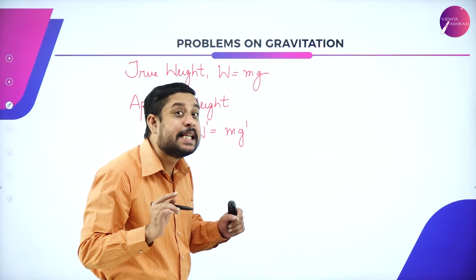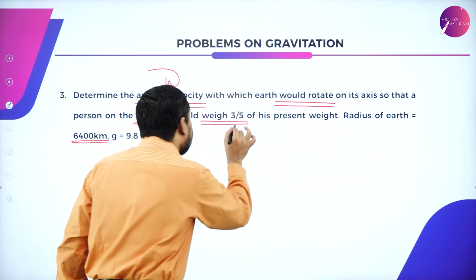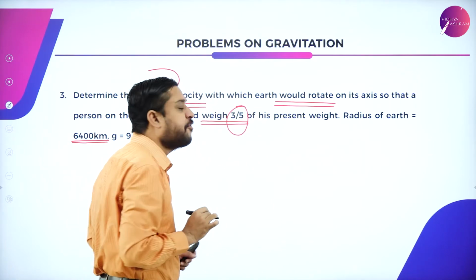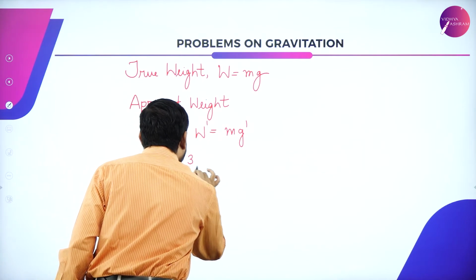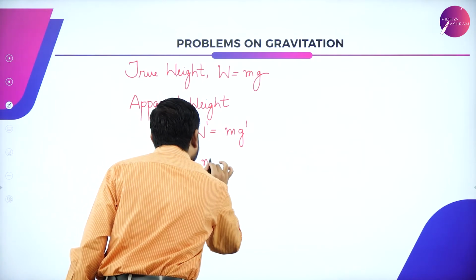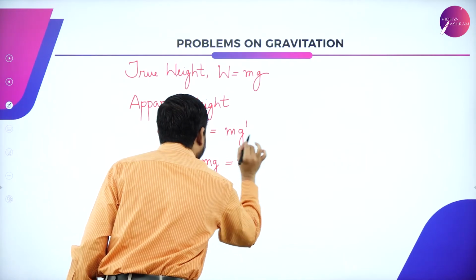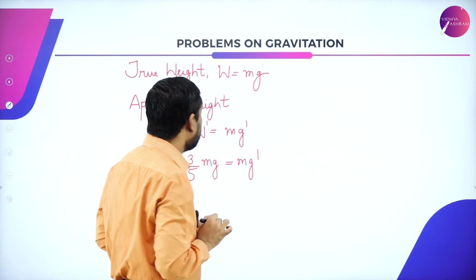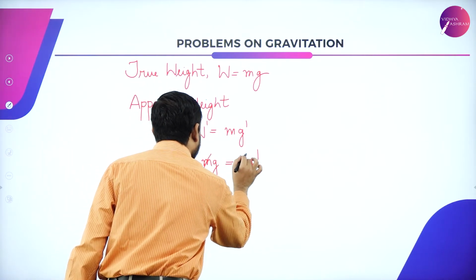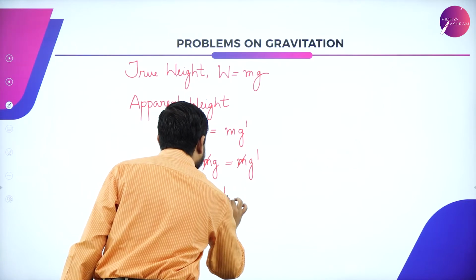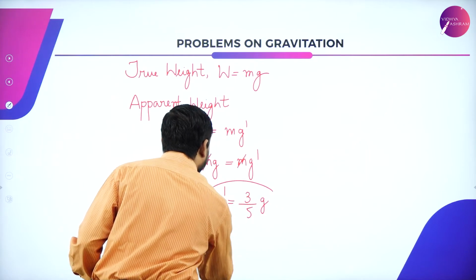But how much is W dash according to the problem? It is 3 by 5 the present weight. So 3 divided by 5 mg is mg dash, which means that m and m get cancelled. G dash is 3 by 5 times G.